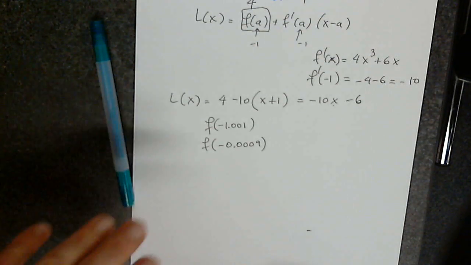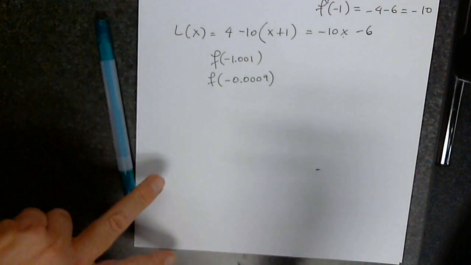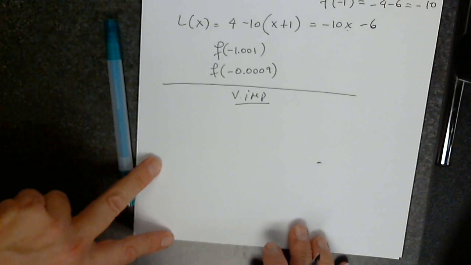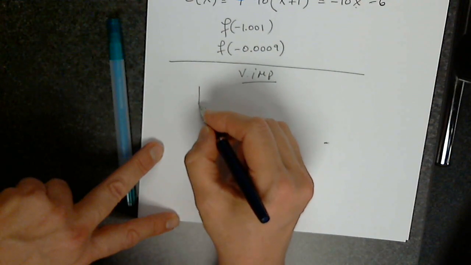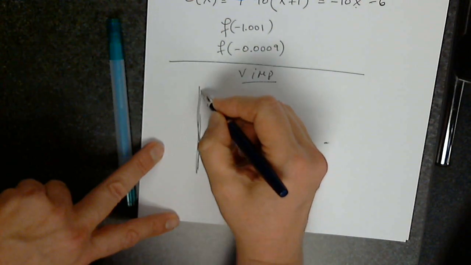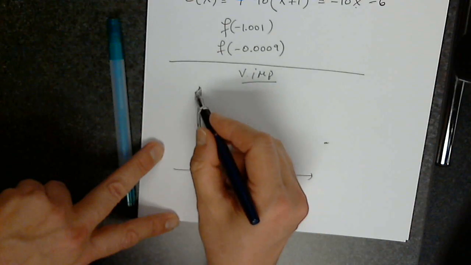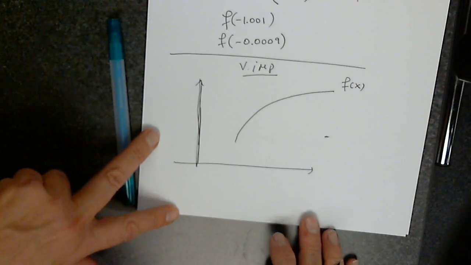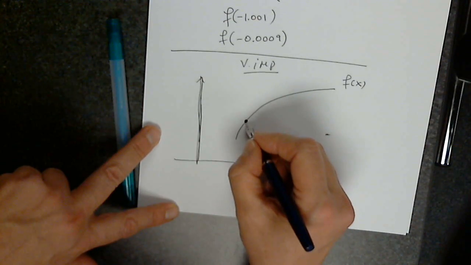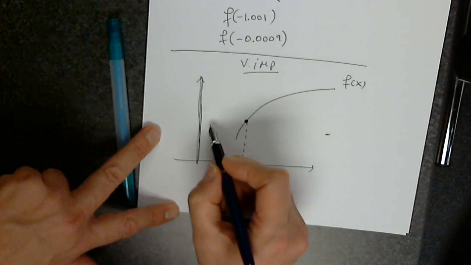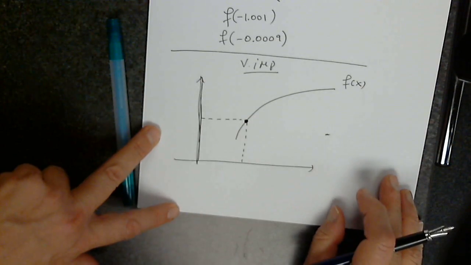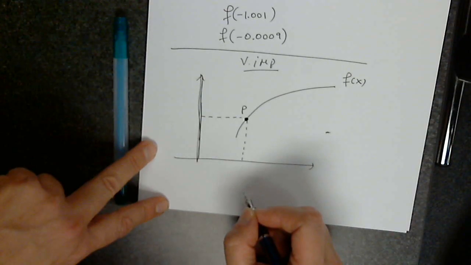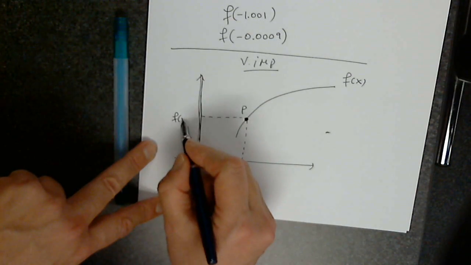Now, if you remember, we looked at the following scenario, and this is, I would say, very important. So please bear with me. Here is our function, f of x. This is a point. Point P with x, f of x, of course.